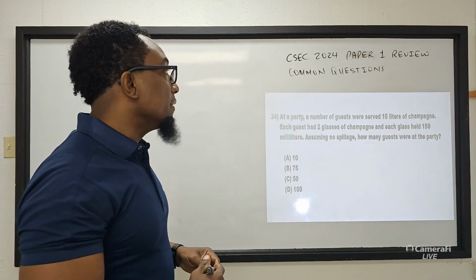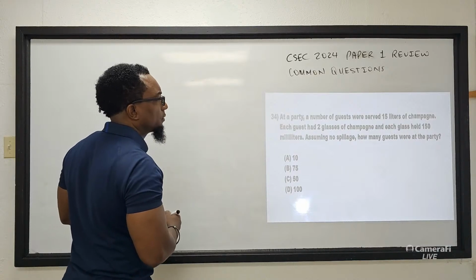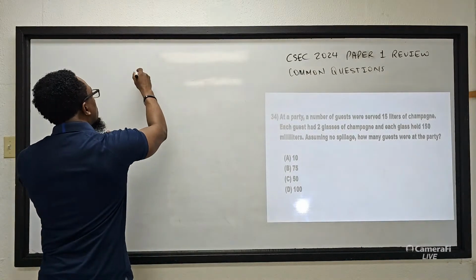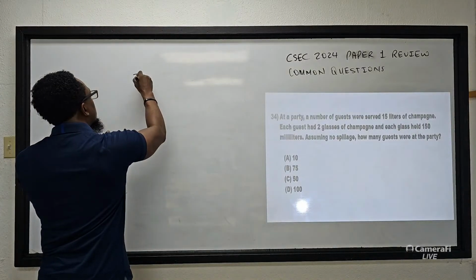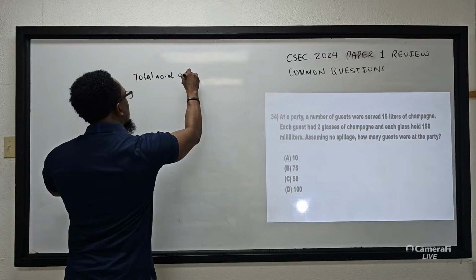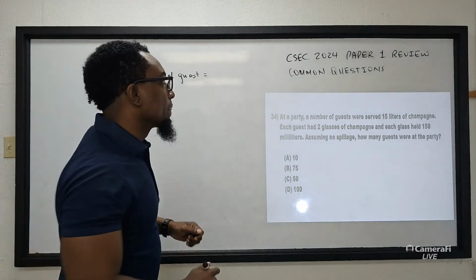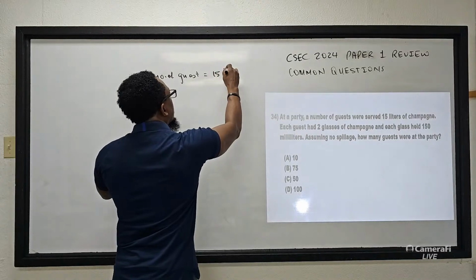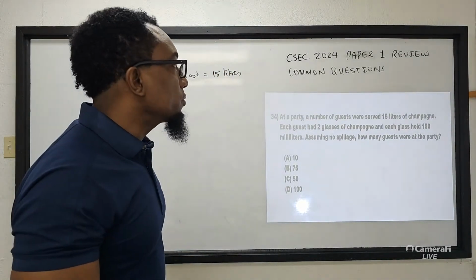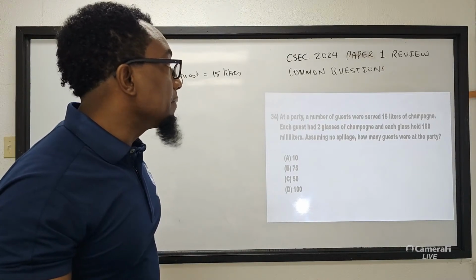Okay? So therefore, the total number of guests were served with 15 liters of champagne. Now each guest had 2 glasses of champagne and each glass had 150 milliliters.